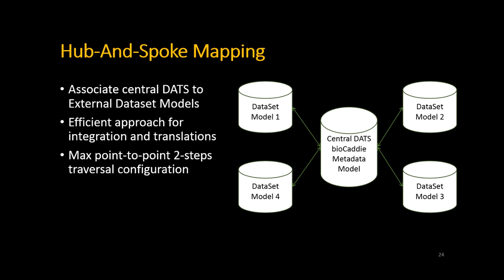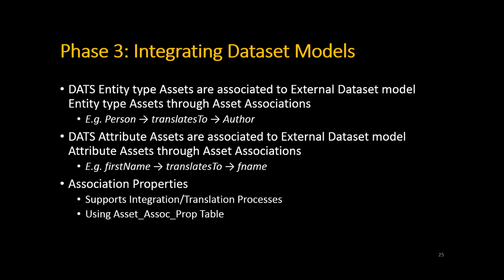So here's another picture of what that might look like for the data sets going into the central DAX model. So there's a maximum of two-point traversal in this configuration. Here's an example of the association for phase 3.